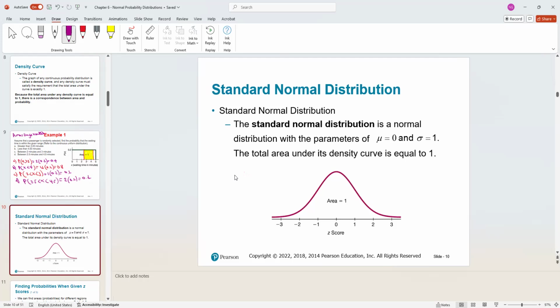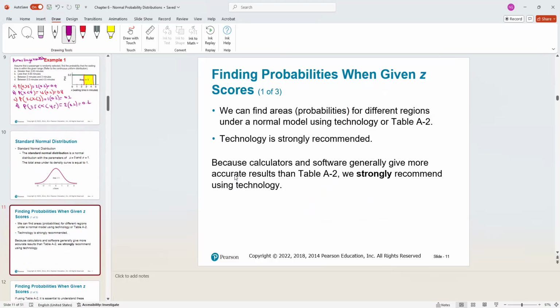Please keep this graph in mind because we're going to use it a lot to find probabilities. We can find area probabilities for different areas under a normal curve using technology. We call this a standardized normal table or normal distribution table, or in some books, Table A2. You're going to find it in your books, of course.